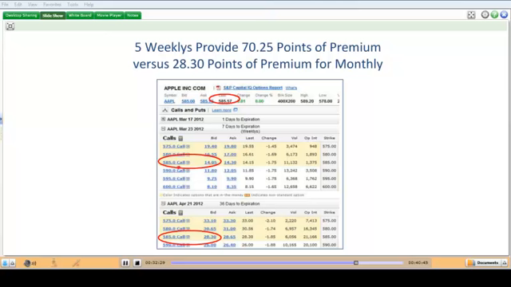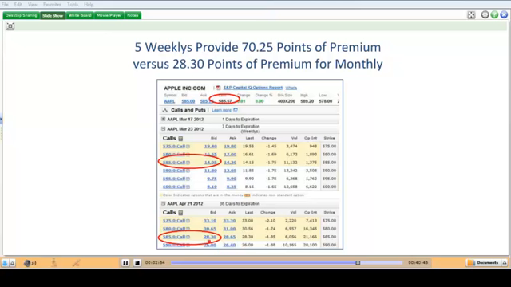Now, by comparison, if you sold the monthly option, the monthly 585 strike call that expires in 36 days, you'd receive 2830. So you can collect 5 of these weekly calls over that same time period.